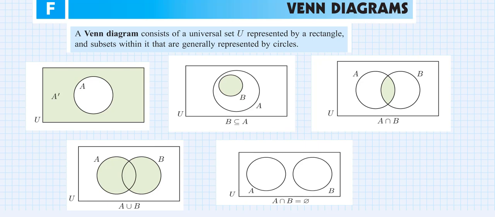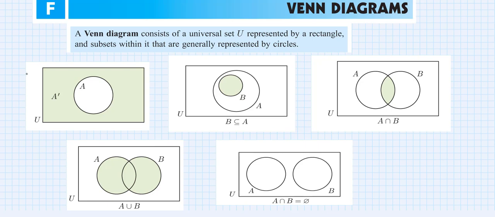As you know, in the previous lessons, we have discussed some concepts like intersection, union, subset, complement, and here are the representations of them. For the sets, you can use any shapes you wish, but the commonly used shape for the universal set is a rectangle, and for other sets, circles.